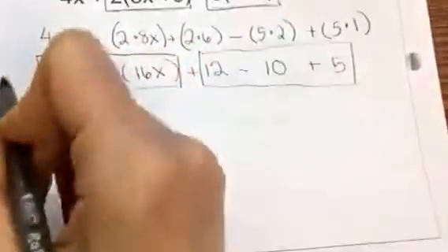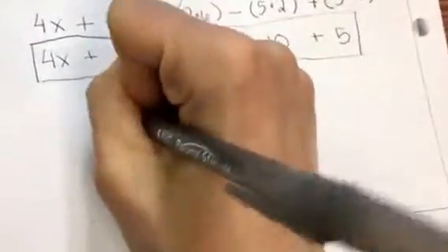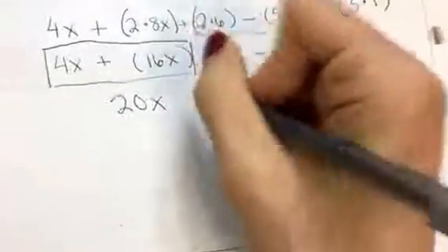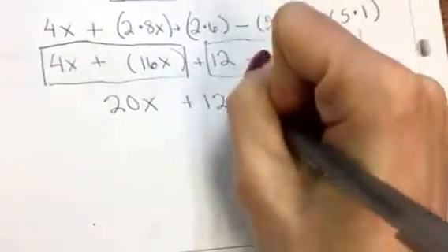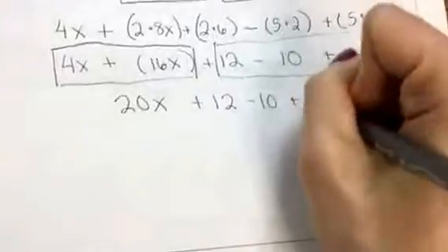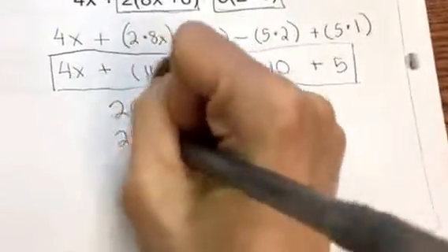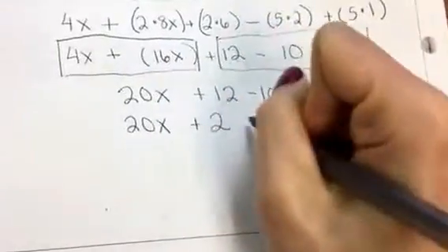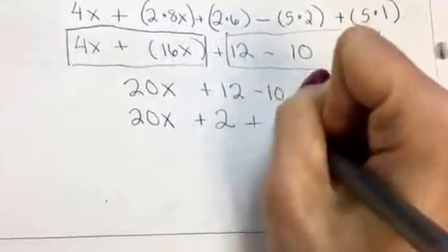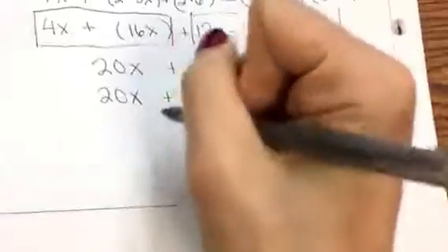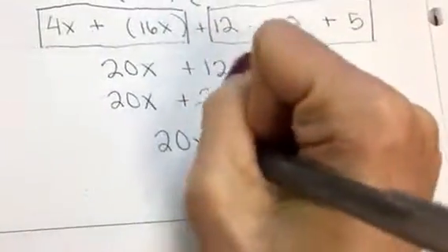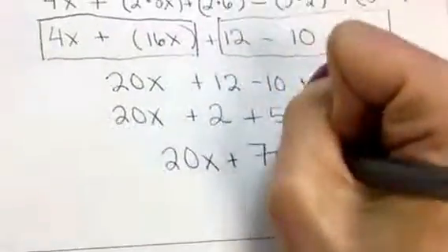So what I have is 4x and 16x, so that's going to give me a total of 20x plus 12 minus 10 plus 5. 20x, 12 minus 10 is 2, plus 5, and my final answer is going to be 20x plus 7.